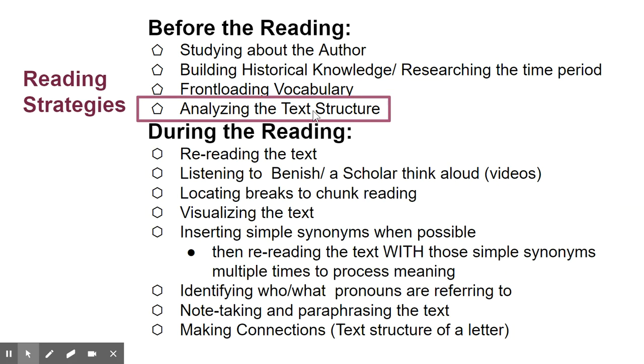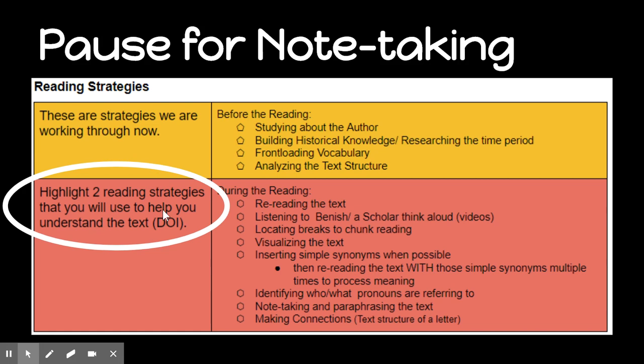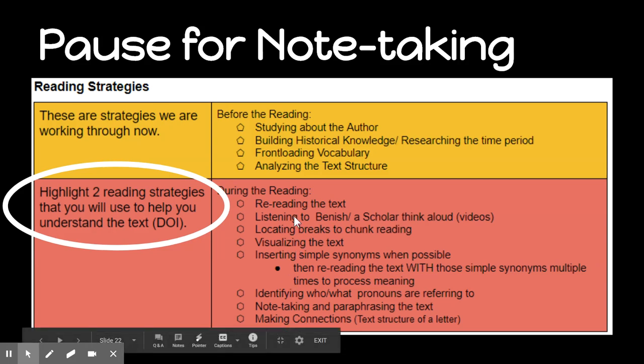Okay? So that's where we're headed right now. Before we do that, go ahead and take a look at the list of during reading strategies on your handout and highlight two that you are going to be using to help you understand the DOI.